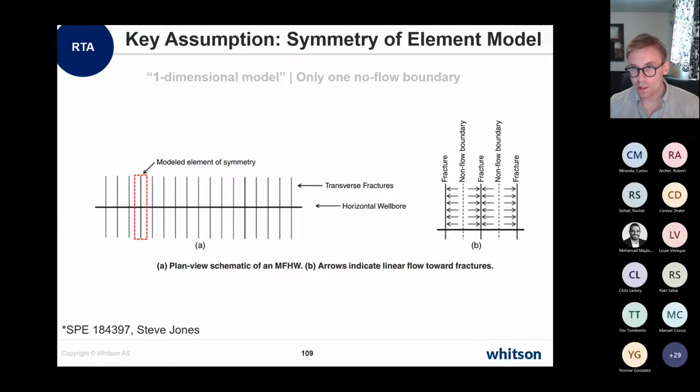So here we go directly from infinite acting to boundary dominated flow. This is also a fundamental assumption in numerical RTA, at least the current commercial version of that. And it's really important to understand the implications of this in reality. So again, that's the fundamental assumption.